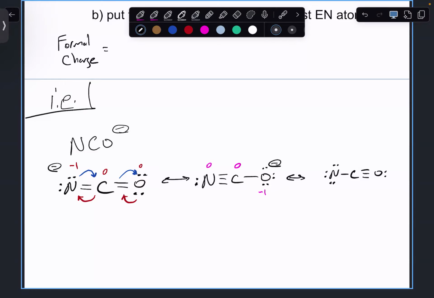Okay, so looking for normal valences. Oh, this overall is a negative, by the way. Carbon has its normal valence, 4 bonds, formal charge 0.